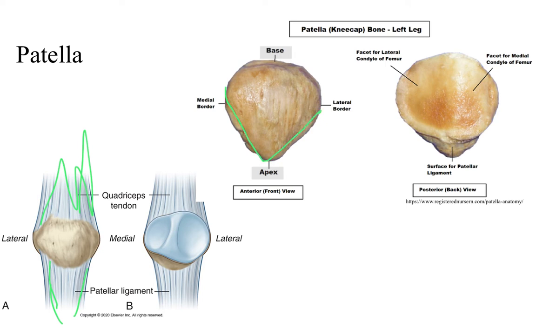The apex, the point, would be facing downward, the base would be facing upward, similar to what we see with the heart: the base is at the top and the apex is at the bottom. The anterior surface generally has a rough surface to it, and the posterior surface has some cartilage, so it's going to be a smoother surface so it can make an articulation.